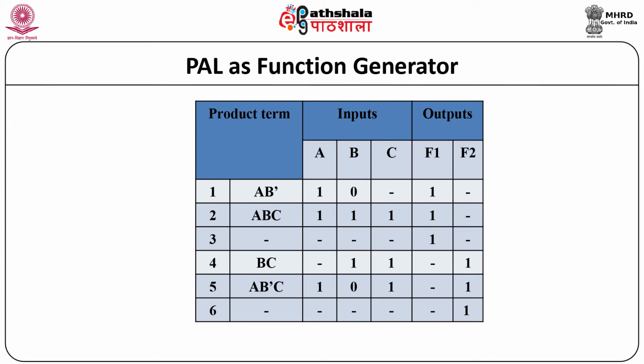First, the product term is AB bar, hence input A is equal to 1, B is equal to 0 and C is equal to dash as it is absent. For the third product term, which is absent, A, B, C is equal to dash. Similarly, inputs for second function F2 can also be written.